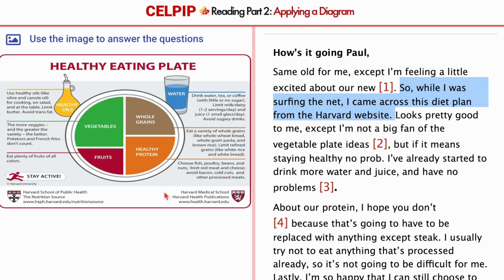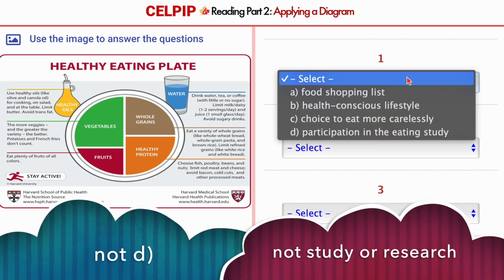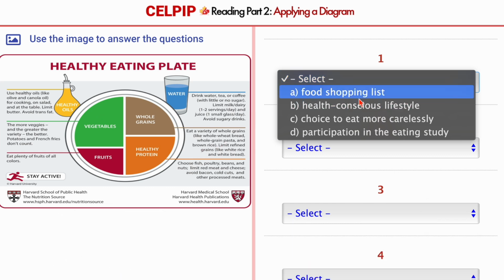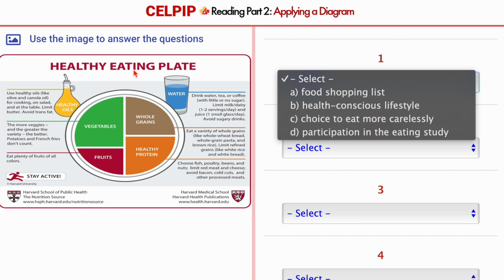It also doesn't look like participation in a study. So it's either health conscious lifestyle or choice to eat more carelessly. It's not C because carelessly means I don't care about what I'm eating, but it says healthy eating. So it should be I care about what I'm eating.